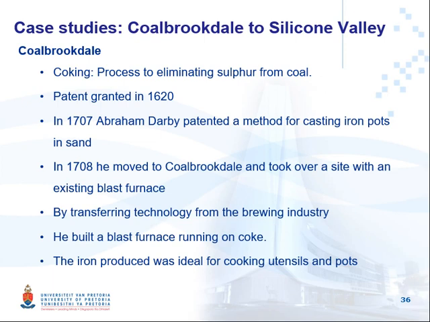In the coking process, sulfur is eliminated from coal, which increases its usefulness. In England, a coking process for smelting iron was patented in 1620, but it is widely accepted that the Chinese 2000 years ago were the first who used the same method, but there was no knowledge of that in Europe.